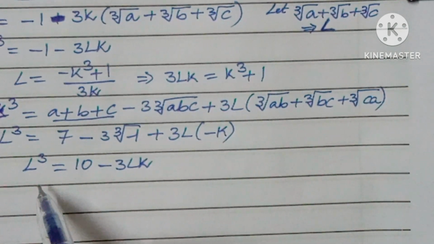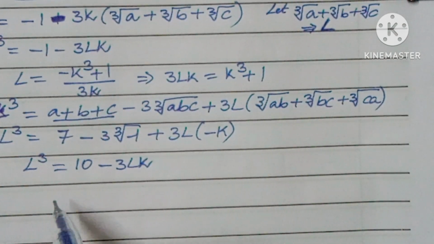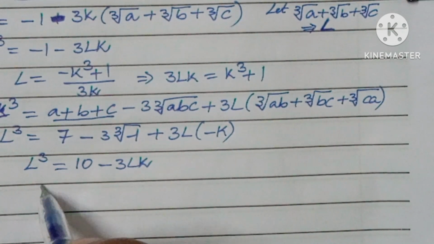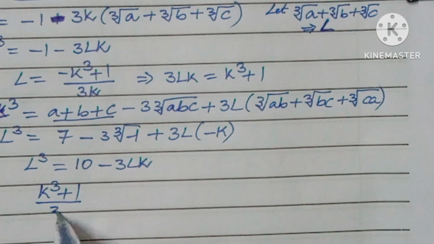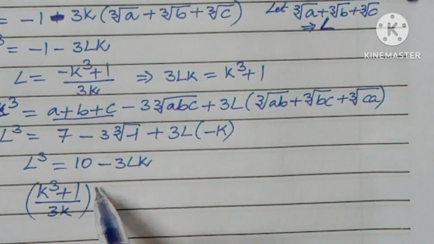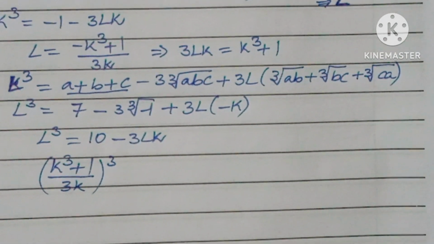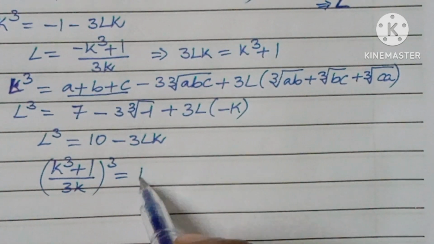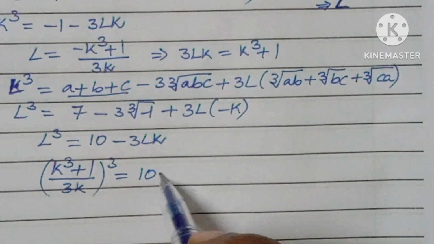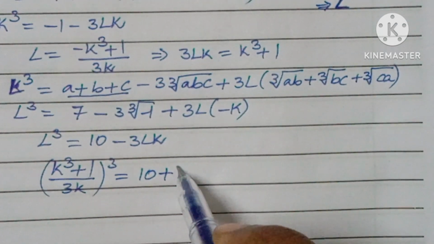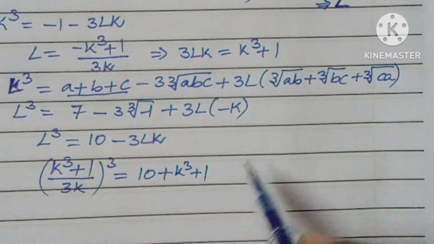So here L cube is equal to K cube plus 1 by 3K whole cube is equal to 10 plus K cube plus 1.